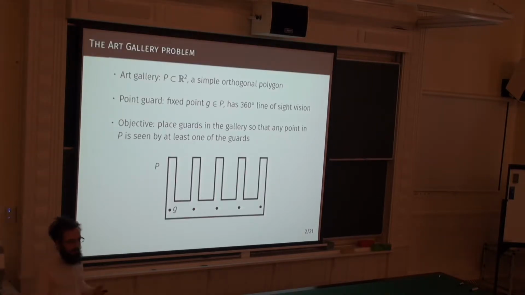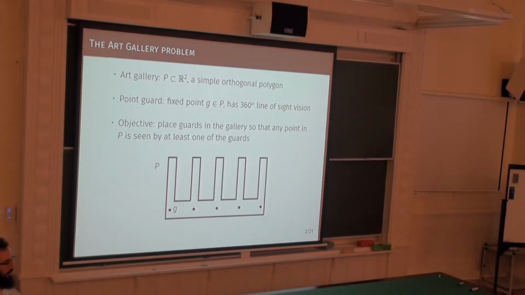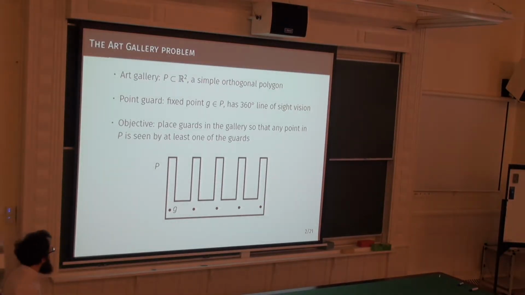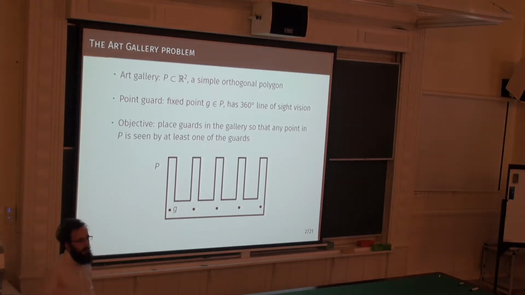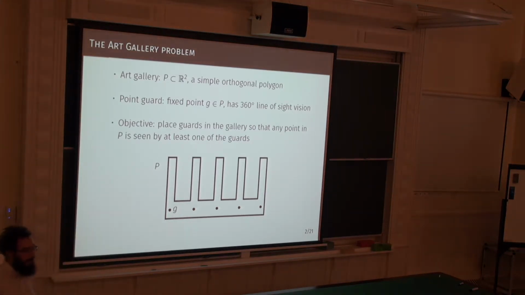So, what is the art gallery problem? Very broadly speaking, to cover a geometric object using guards of prescribed power, prescribed visual power. And an instance of that is the point guarding of orthogonal art galleries.